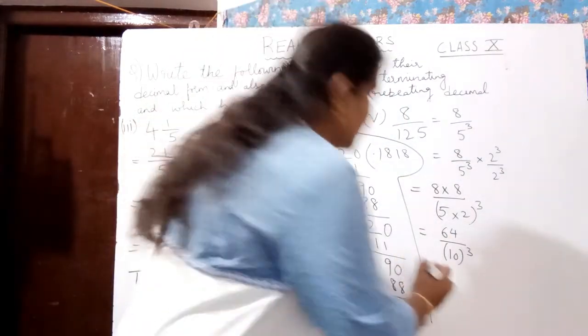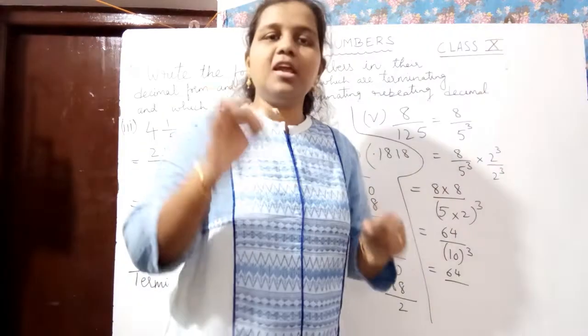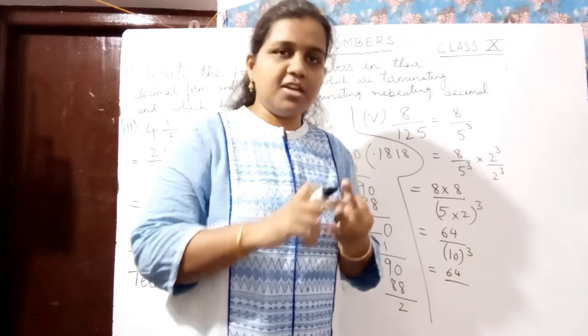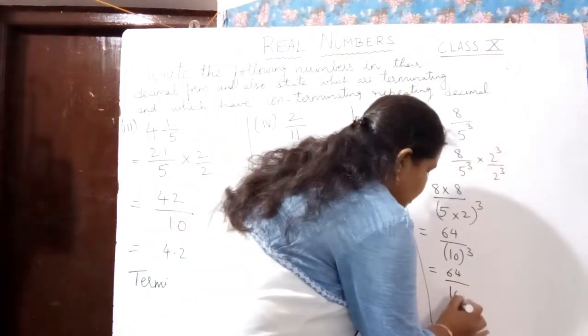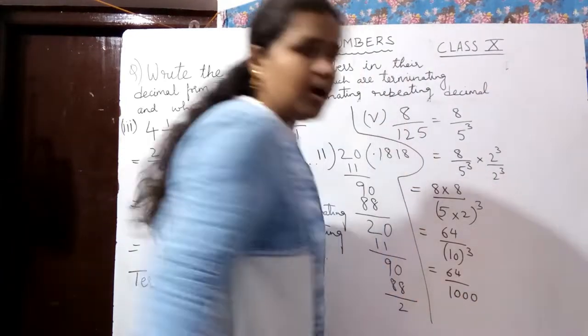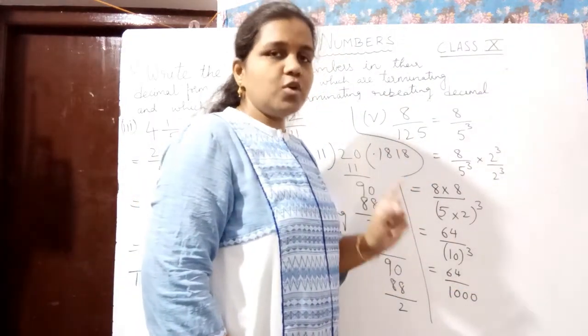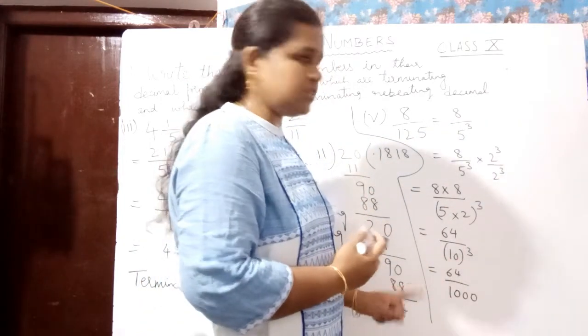So I can write it as 64 by 10 cube, which means 10 into 10 into 10. So how much will it be? 10 into 10 is 100. 100 into 10 is 1000. So we will get 1000 here. Now, if you observe, in the denominator there are 3 zeros. So you have to move 3 decimals from right to left in the numerator.